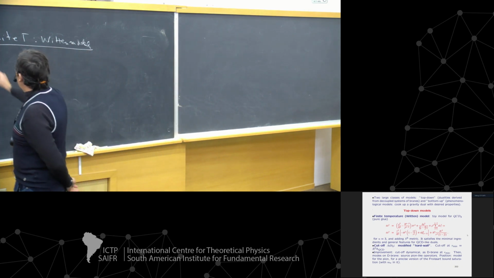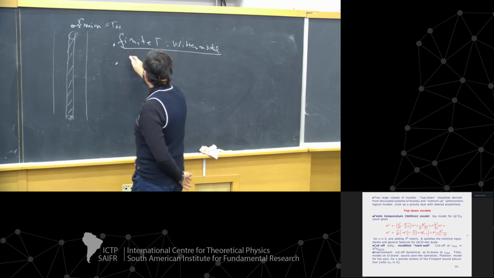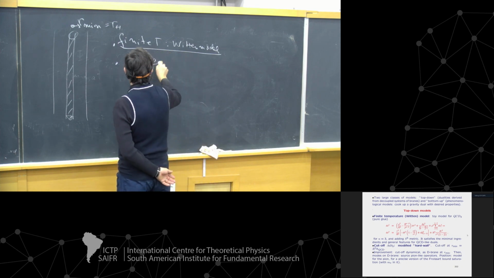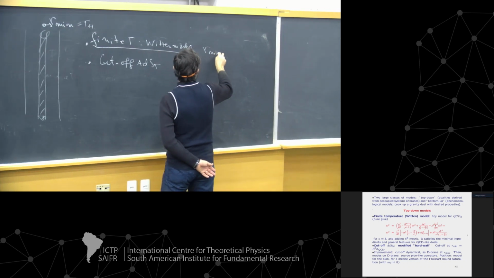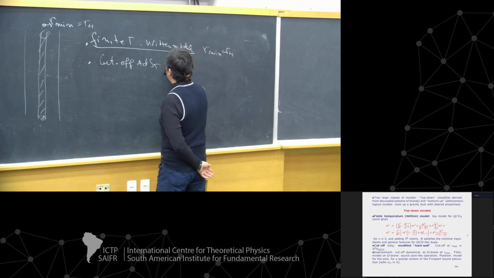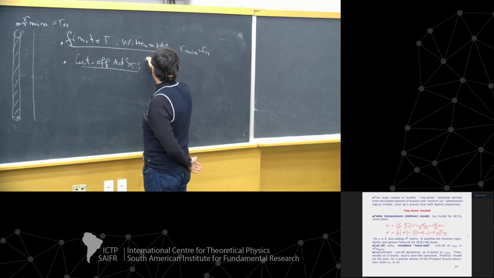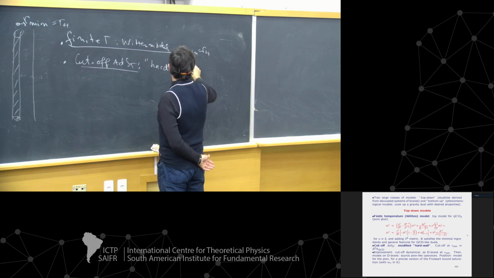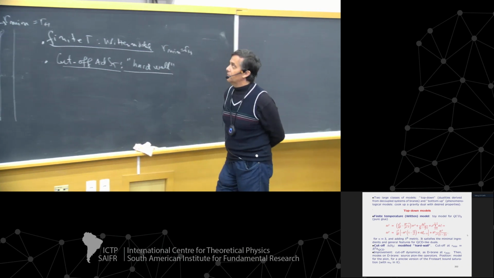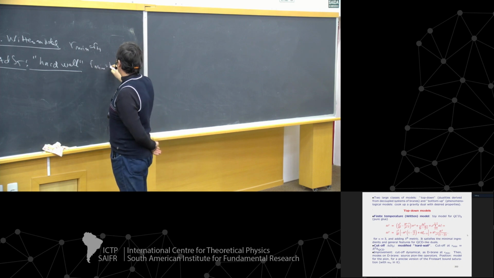Then the other model that we've also described is simply the cutoff AdS5. So R minimum, R horizon here. Cutoff AdS5. This went under the name of hard wall model because there was a hard cutoff introduced by hand at R minimum that's related to lambda QCD.